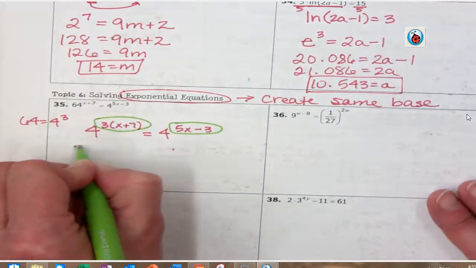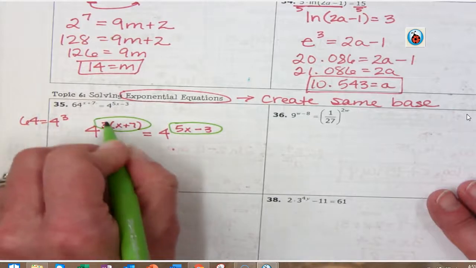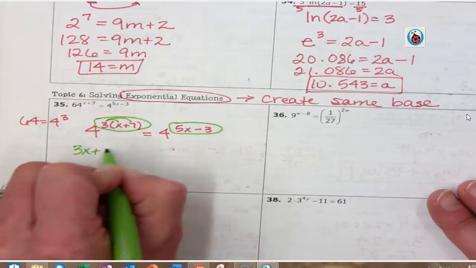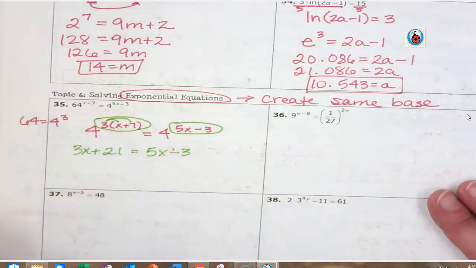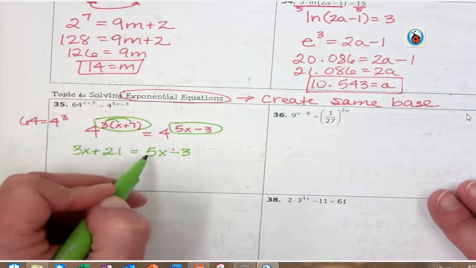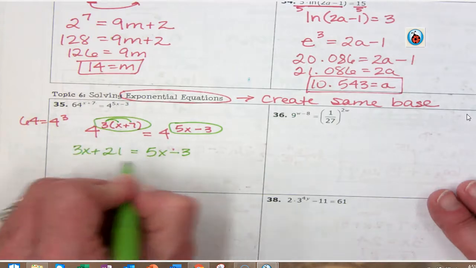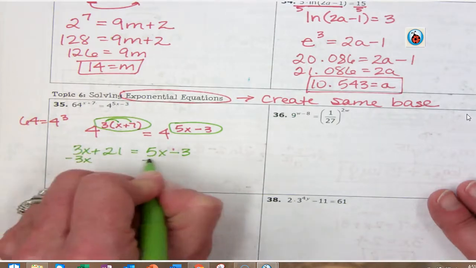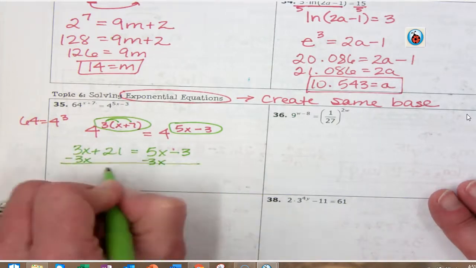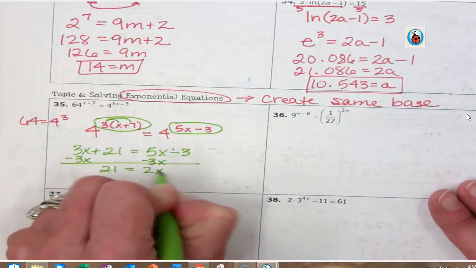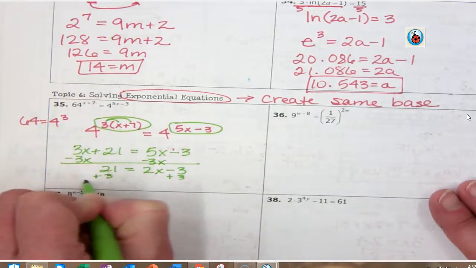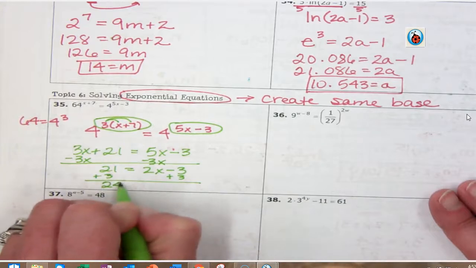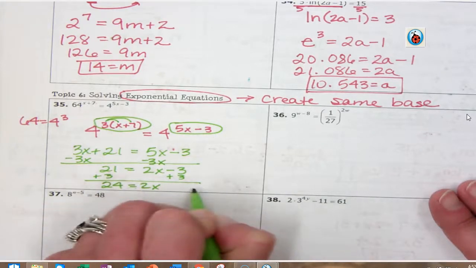So I get 3x plus, and I'm going to distribute this 3, 21, equals 5x minus 3. Now I solve for x. I'm going to subtract 3x to go this way so that I keep it positive. Minus 3x. 21 equals 2x minus 3. Add 3. 24 equals 2x.